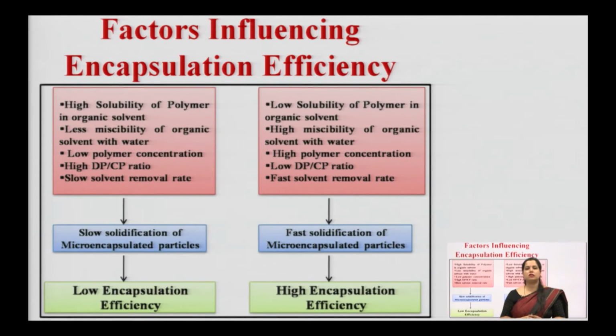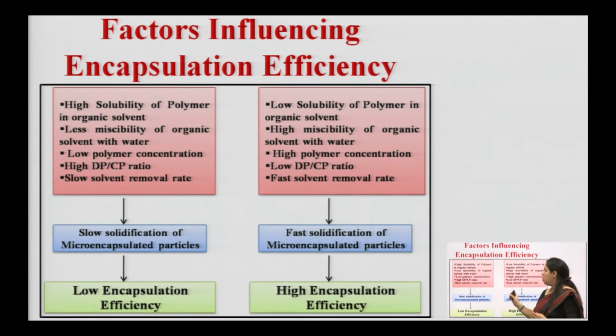Factors influencing encapsulation efficiency. So, encapsulation efficiency is the most important parameter while we manufacture microcapsules, because how much quantity is encapsulated within the polymer shell is of prime concern here. If the majority of drug is not encapsulated, is free, then what is the point of making these microcapsules? This is an important concern. So, we have represented two flow charts here.